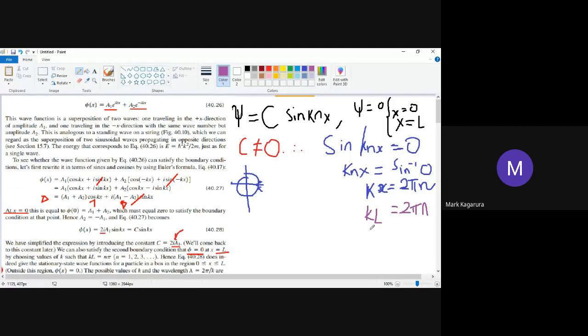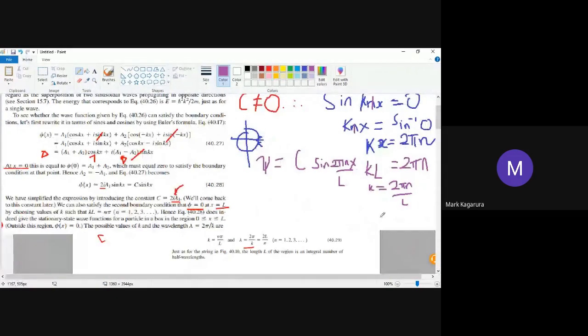That therefore means that K is going to be 2 pi n over L. So we can write our solution as f psi is equal to C sine 2 pi n x over L. So I think we can first eliminate this n now.